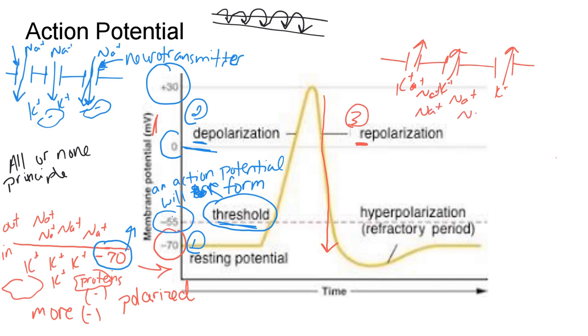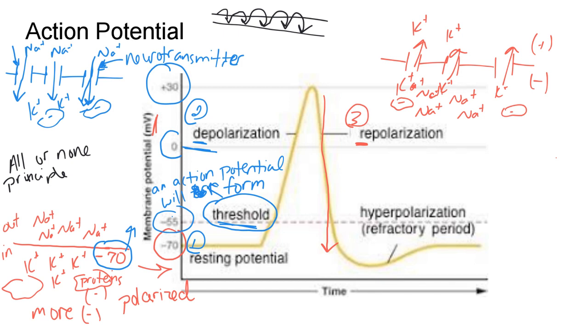I'm only focused on the charges. So I'm going to reset those charges where I'm going to get more negatives on the inside, more positives on the outside. And so I am repolarizing that cell, bringing back that charge between the two sides of the membrane.